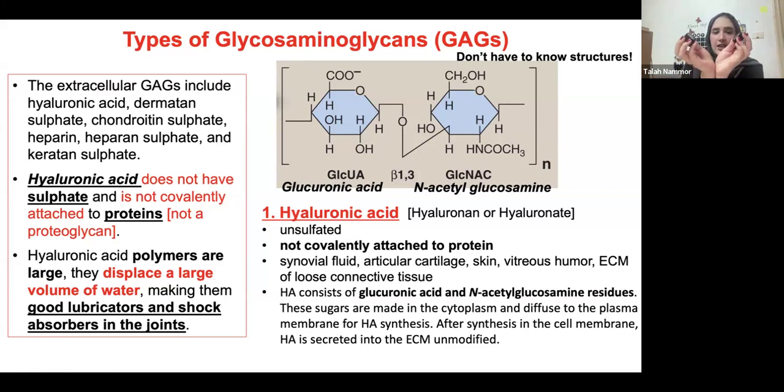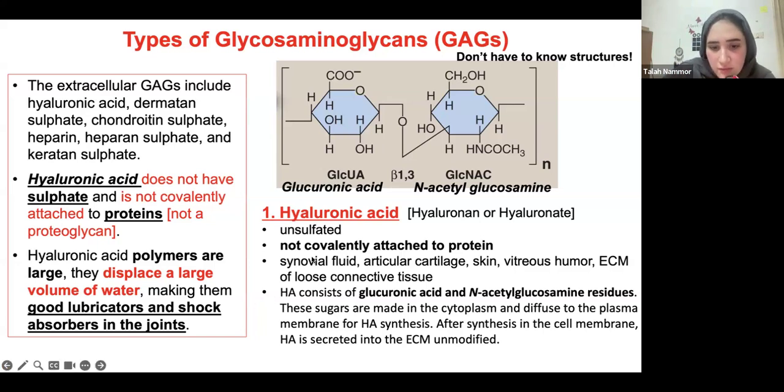So if you have, let's say, a sudden movement, like suddenly flexing your knee like this, it's a good shock absorber. It's not going to cause them to collapse. It's going to be in the middle and absorb the shock of the sudden movement, okay? And it's a good lubricator. It will keep them lubricated, okay? Is this clear?